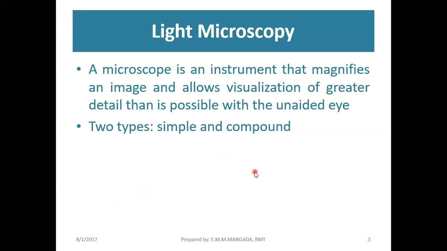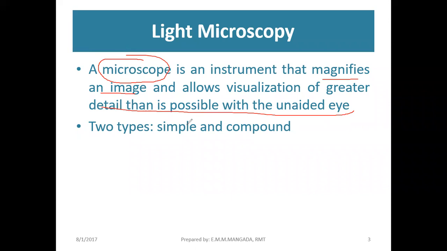So guys, when we say microscope, I believe you know what a microscope is. It's an instrument that magnifies an image and allows visualization of greater detail than is possible with the unaided eye.